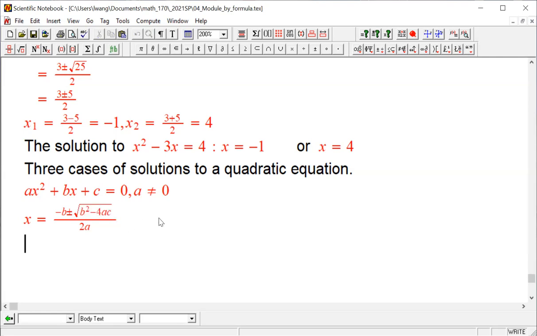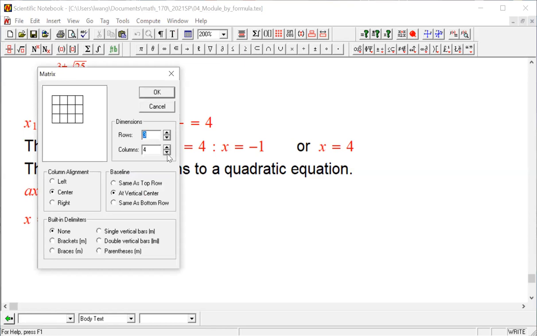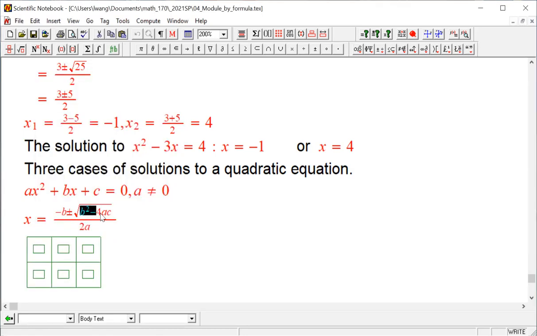So we have 3 cases according to the sign of b squared minus 4ac. So I'm going to list the 3 cases. The 3 cases are marked by b squared minus 4ac.